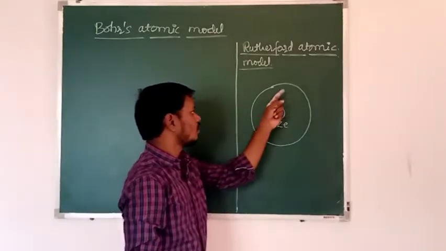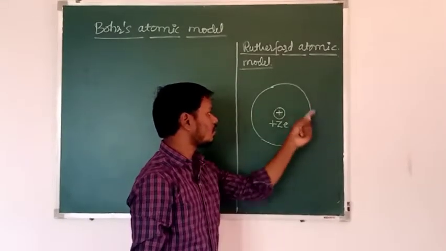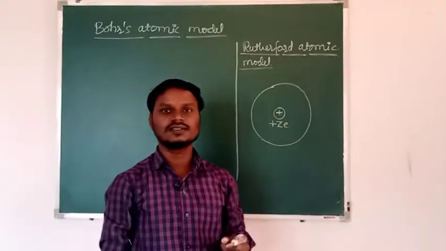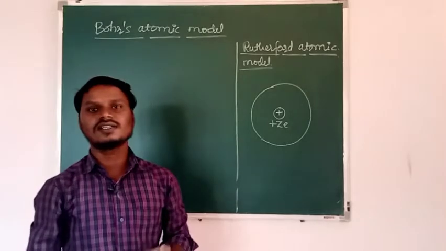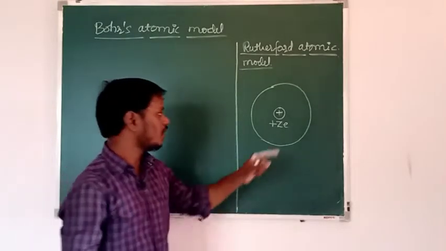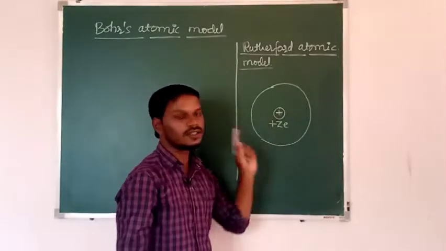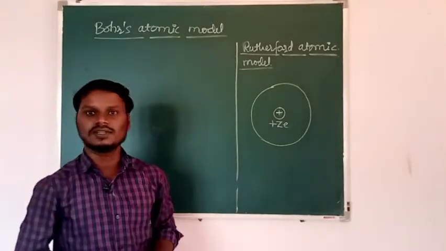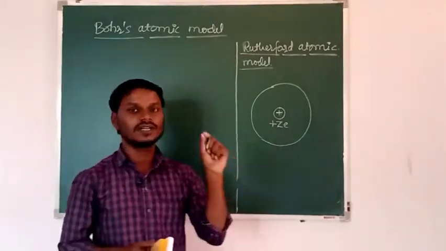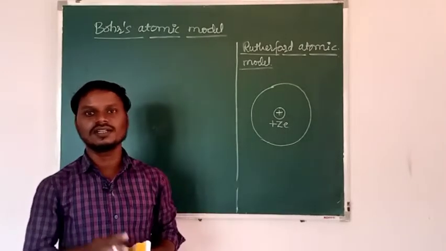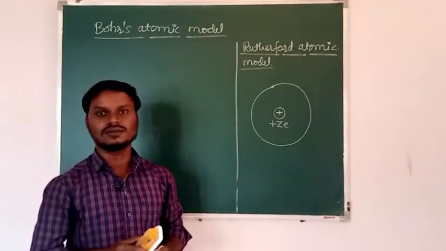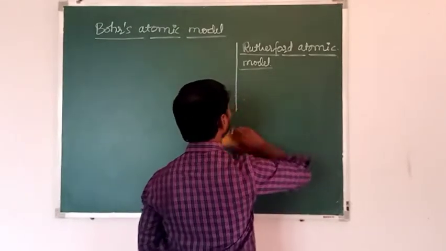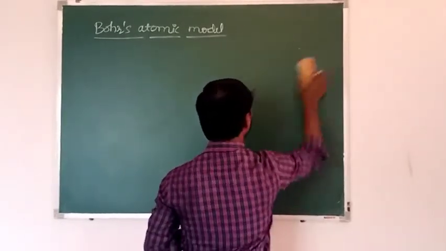But as an electron revolves around the nucleus, it radiates energy in the form of electromagnetic radiation, which means there is a loss in energy of the electron, and it follows a spiral path and falls into the nucleus. That means an atom cannot be stable. Next, the modification of the Rutherford atomic model was given by Niels Bohr.